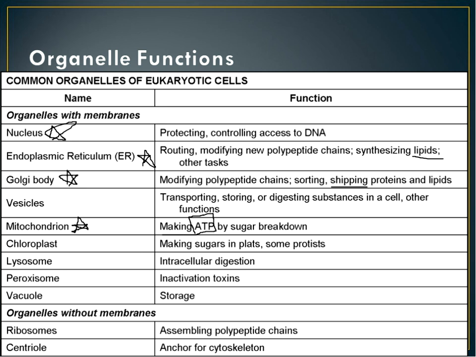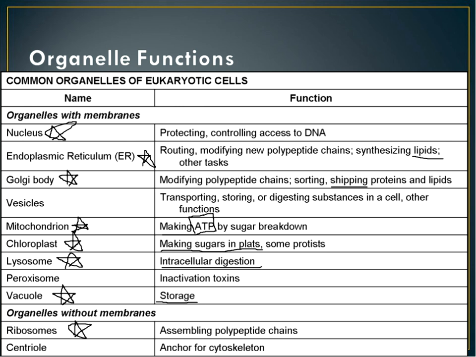It makes ATP for us. You need to know the chloroplasts for sure. Those are found only in plant cells, but they make sugar. They make food for plants. Lysosome, remember that's like the stomach of the cell. It does intracellular digestion. Vacuole is just the storage tank. That holds water, usually for plant cells, and a lot of little things for animal cells.